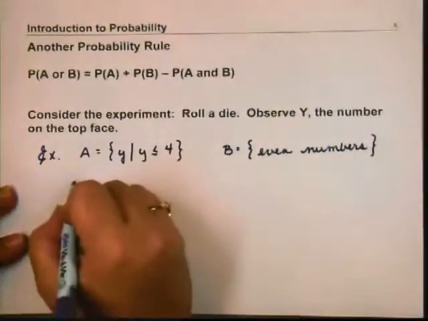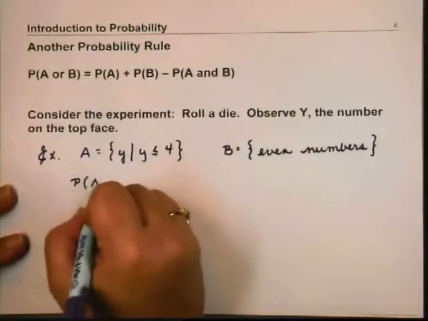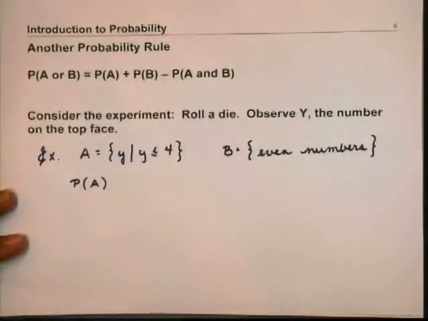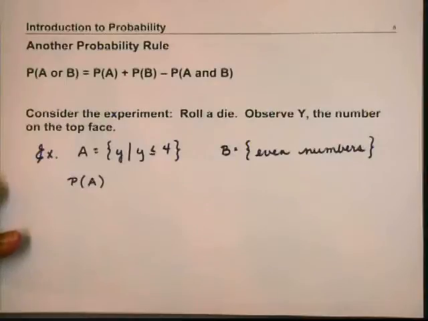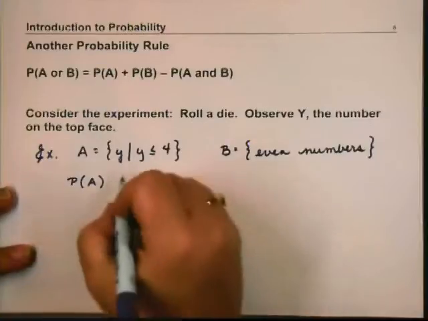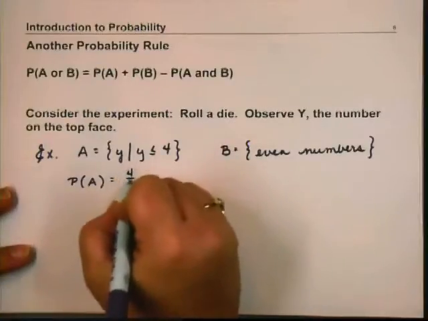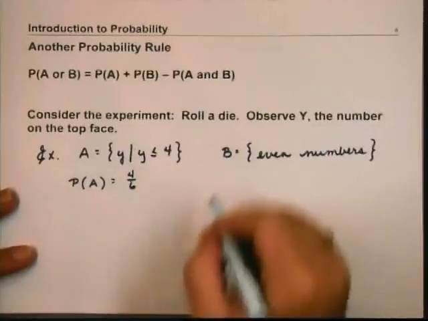All right, what is the probability of event A? I just stuck with this die rolling experiment because we'd already introduced it. So the probability of event A, we saw that before, was 4/6 when I was using an X. What's the probability of event B?